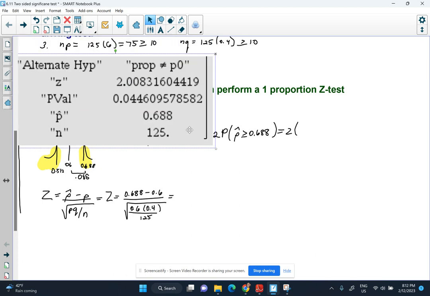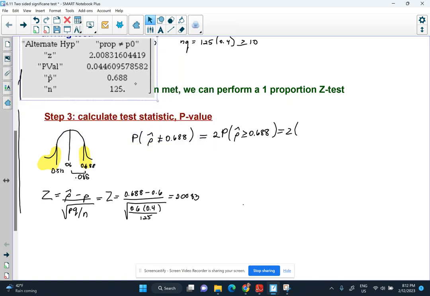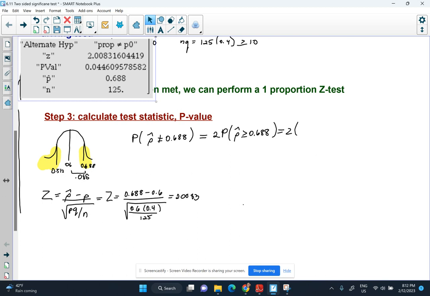And our Z statistic, make sure you carry it out to at least 4 places: 2.0083. So what we're doing is we said, what's the probability that p hat is not equal to 0.688?